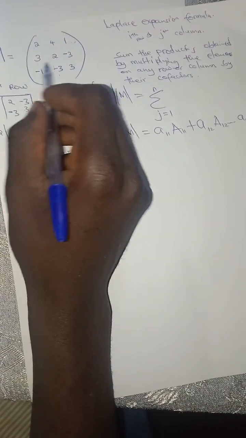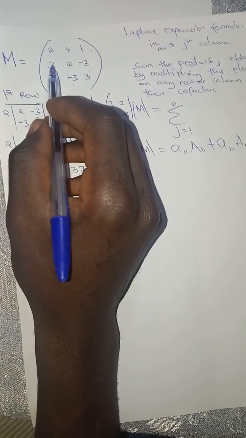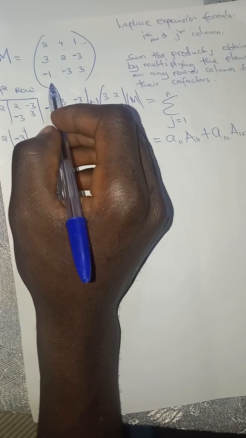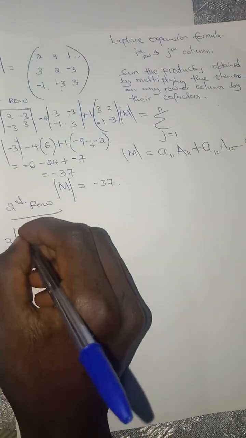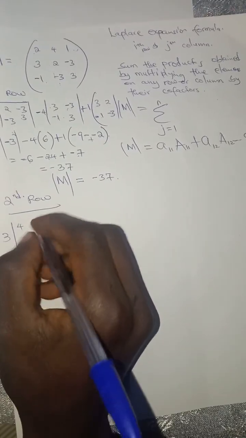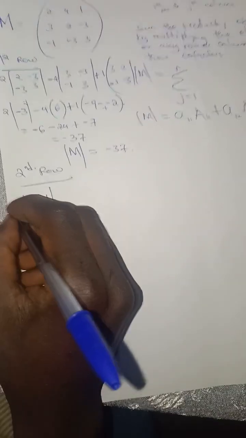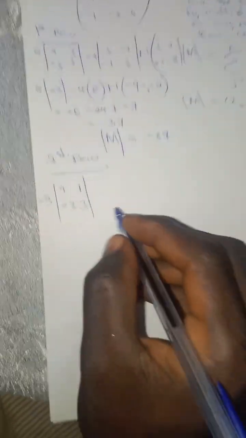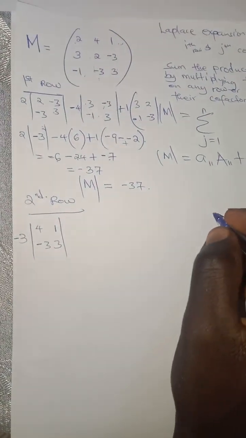This element will be the one in consideration. The elements in the column where 3 is will not appear. Then we'll be having 4, 1, negative 3 and 3. This one ought to be a minus. Why? Because of the cofactor.